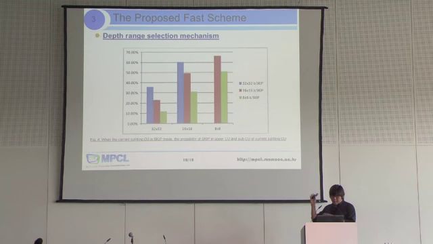In the upper parent depth, there is also some probability. So we will design the DRSM: if the current CU in depth level X is skip mode, then depth levels -1 and +1 are applied.